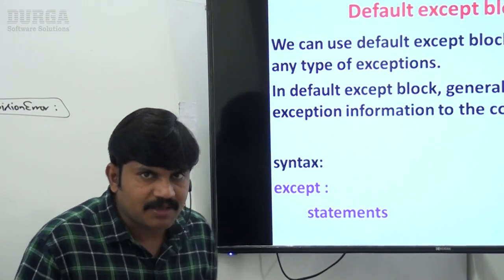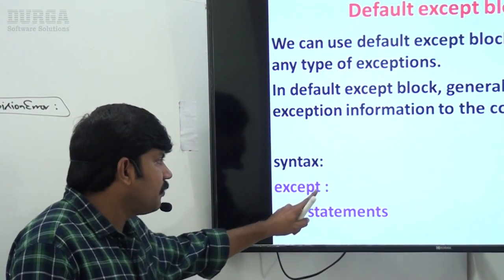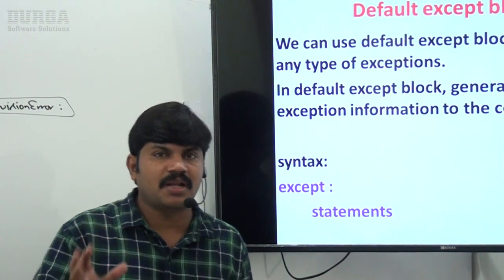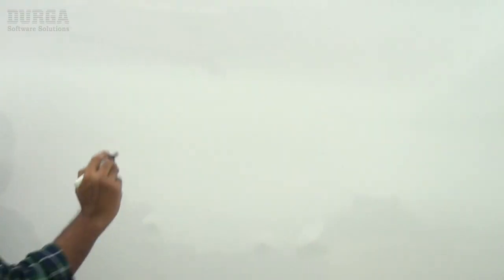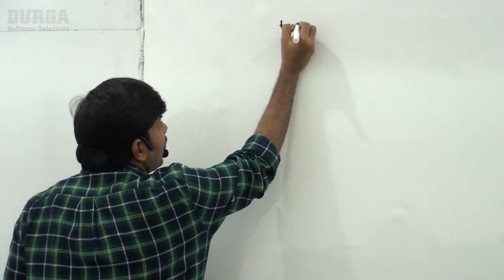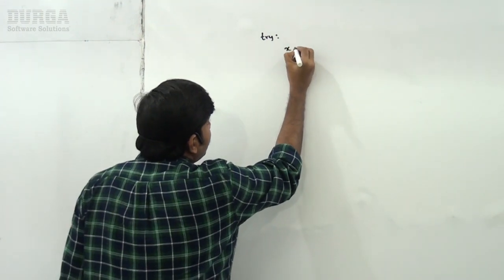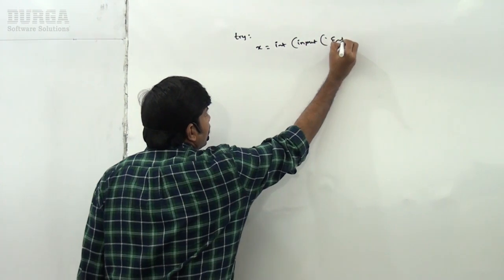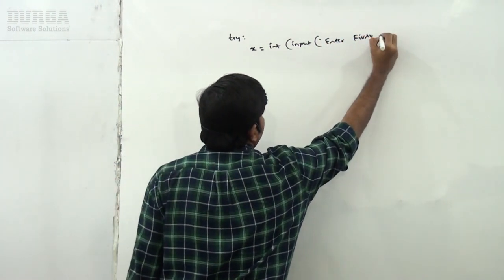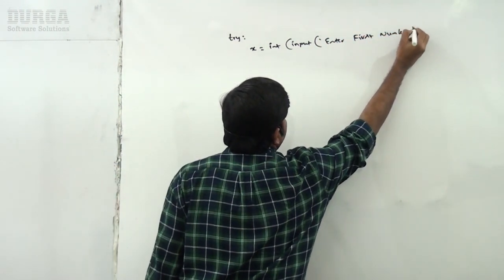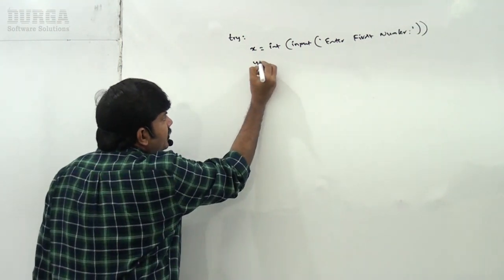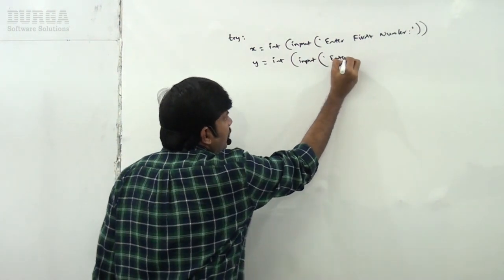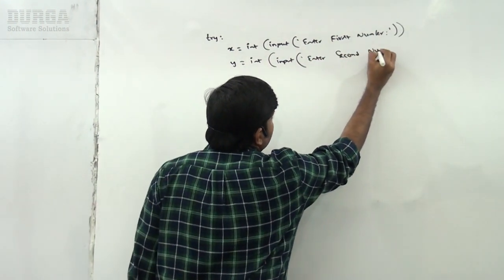Everyone should now understand the meaning of the default except block. Let me explain with a small example, then you may get more clarity. Here I am taking try, our same example: x is equal to int of input, enter first number; y is equal to int of input, enter second number.